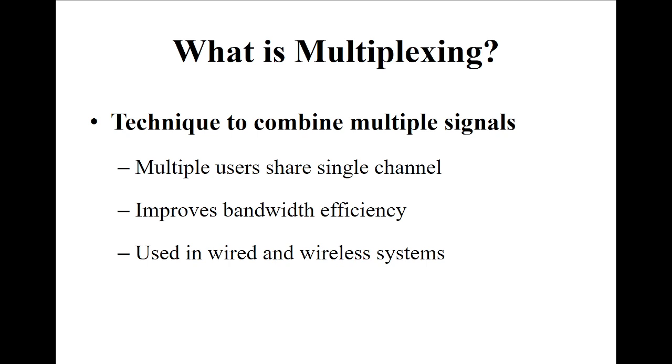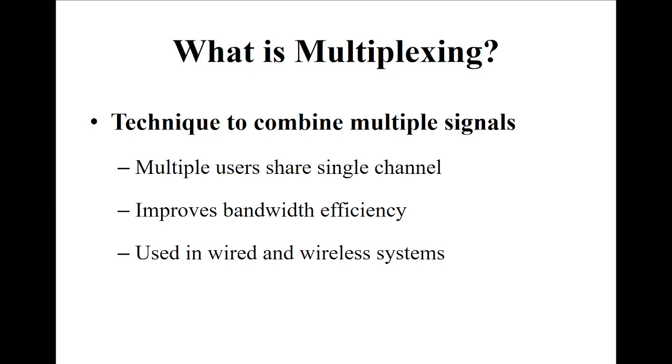First, we will understand what multiplexing means. Multiplexing is a technique that allows multiple signals or users to share a single communication channel. In real life, bandwidth is limited. We cannot dedicate a separate channel for every user.